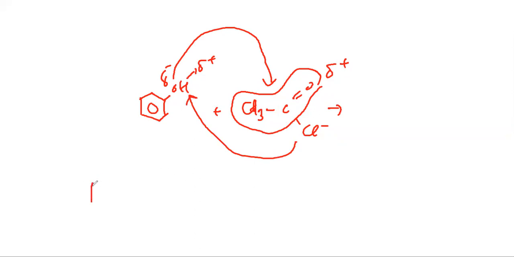So you have O here, and then you have a C double bond O, and then you have CH3, and then you have HCl.